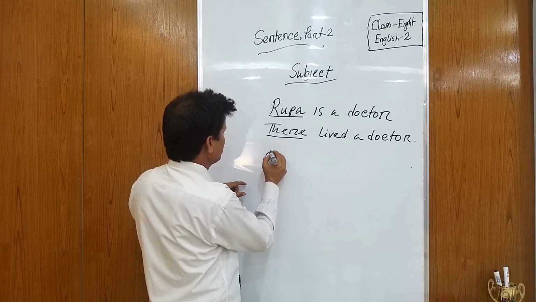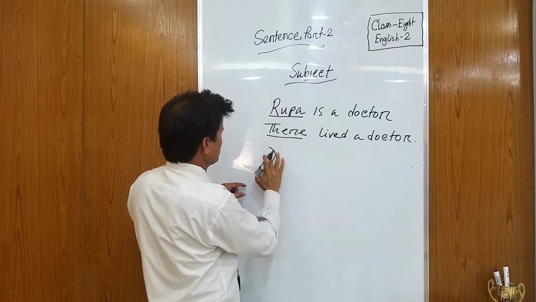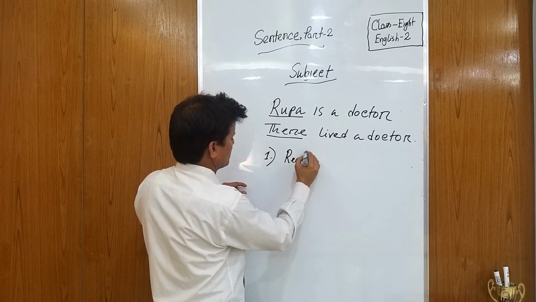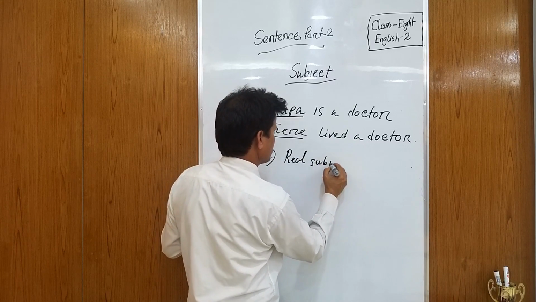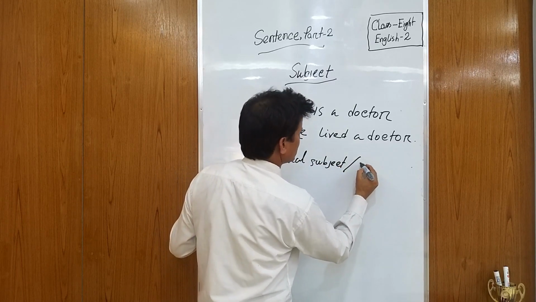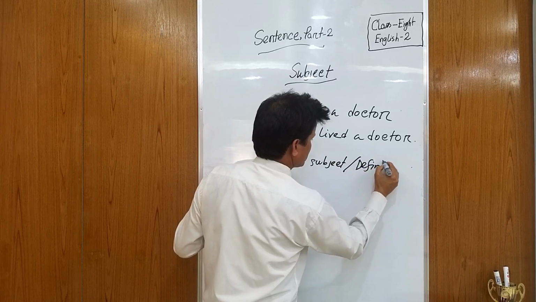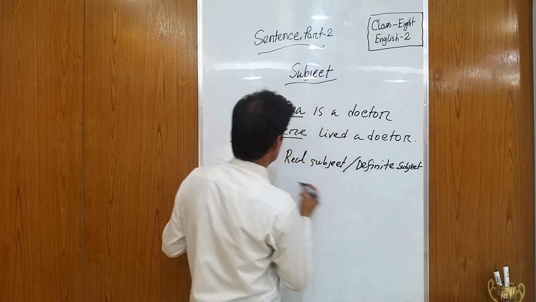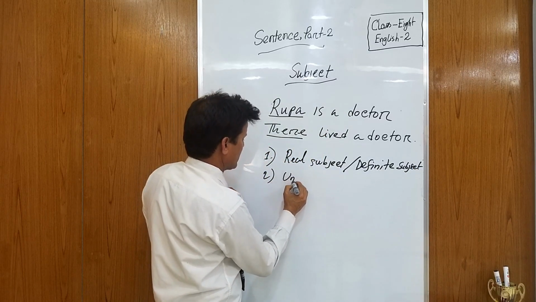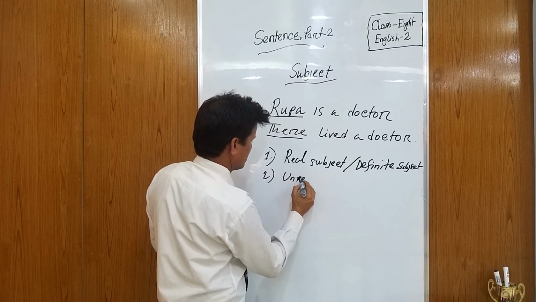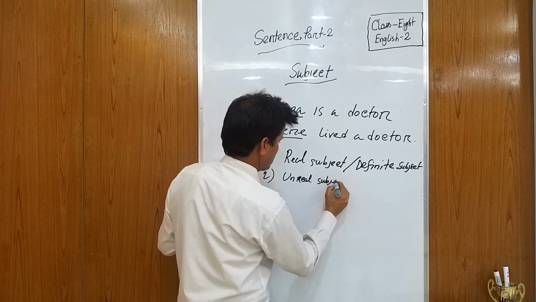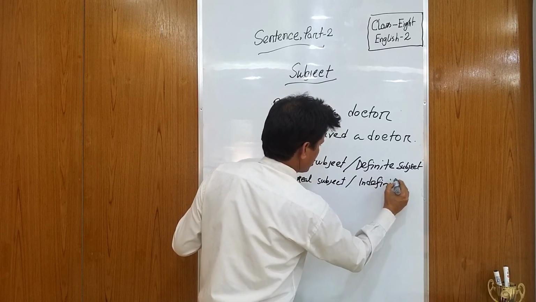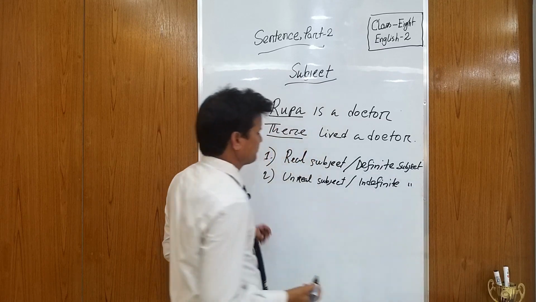So we have got here two types of subject. Number one, real subject or definite subject, and number two, unreal or indefinite subject.